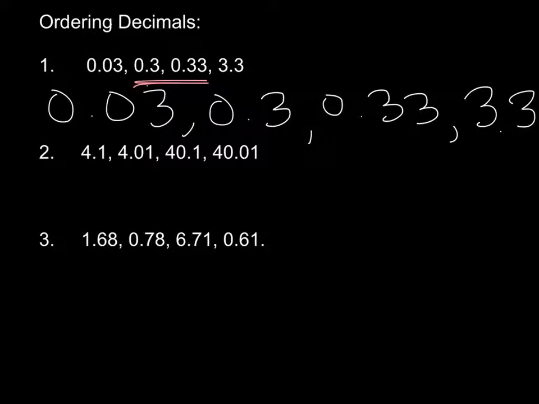In problem 2, I notice that I have some large whole numbers that are to the left of the decimal. I have 4 and I have 40. I know that 40 is going to be the biggest whole number. So I'm going to start with my first 2 decimals that say 4 and 1/10 or 4 and 1/100th. Out of those 2, my 4 and 1/100th is the smallest, followed by 4 and 1/10.